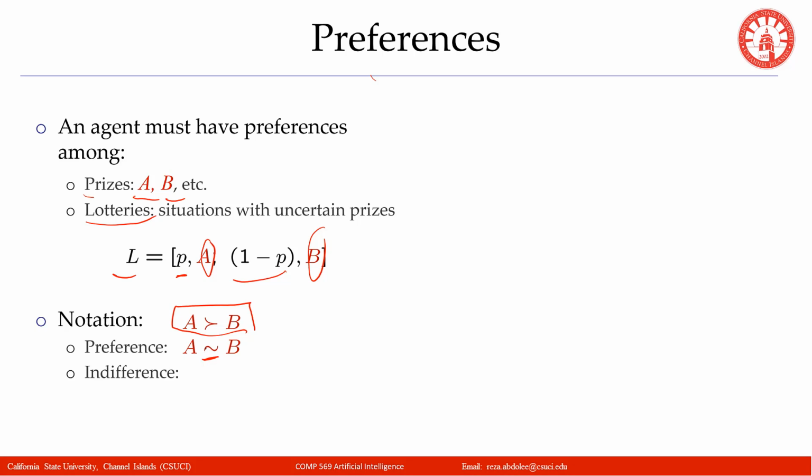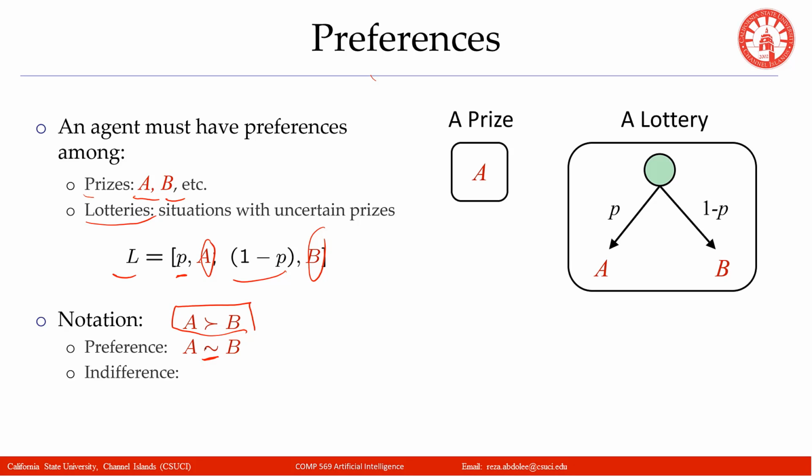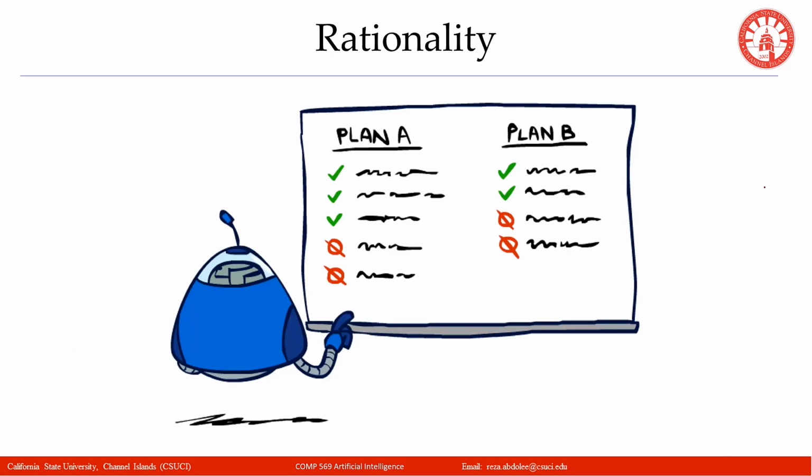So preference and indifference, remember this. So we have the prize A, and then we have a lottery. We could end up with prize A with probability P, or we could end up with prize B with 1 minus P probability. So this is our lottery.